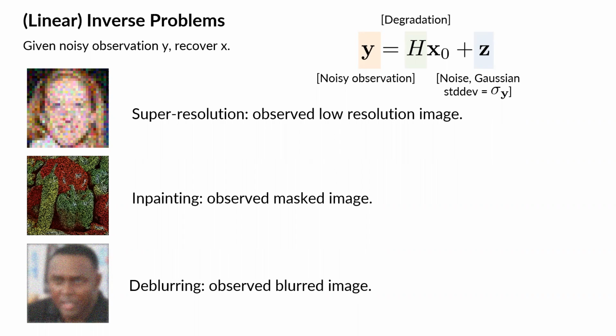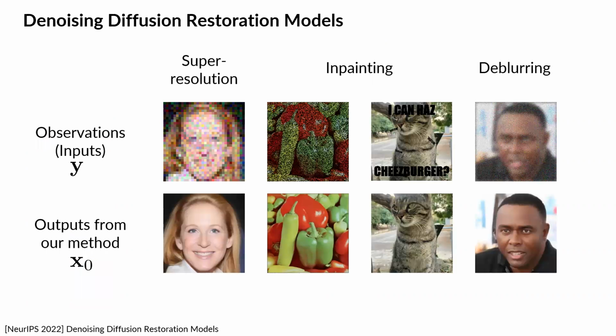As you can see, this corresponds to many different image processing problems, but there are also a lot of other problems, for example in medical applications such as MRI or CT, which are also linear inverse problems. Before we go to the actual details, we can first show some results to show how good it is.